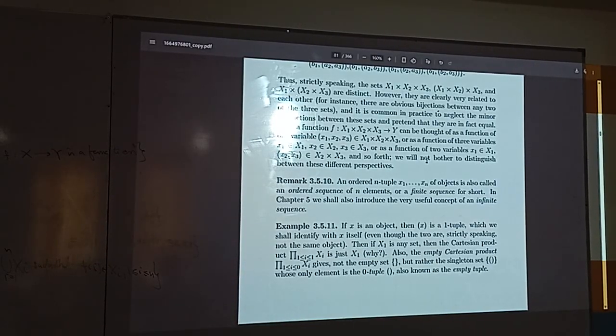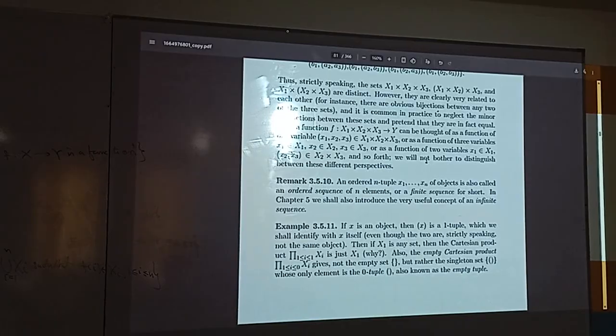An ordered n-tuple of objects is also called an ordered sequence. Usually in maths, when we say sequence, it is infinite. But some people say this, and they could talk about finite sequences. In analysis, you don't talk about finite sequences because in analysis a sequence is always infinite. But one can talk about it, no harm in talking, no?